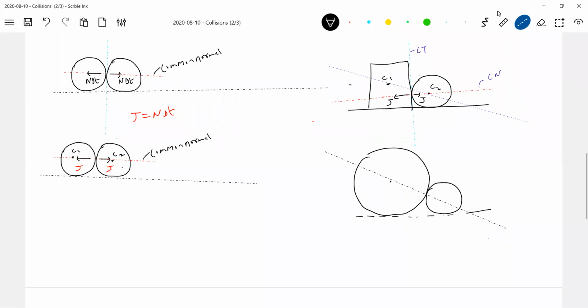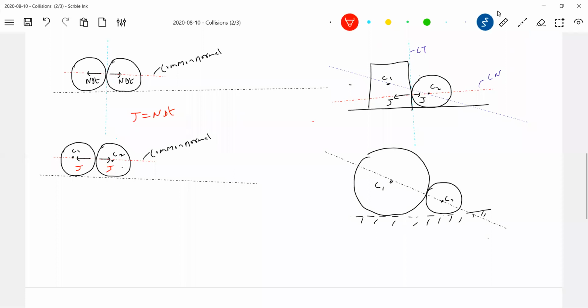And what's happening to that common normal? It is passing through the centers. So when spherical objects come, we have to be a little careful. When a spherical object and some square, rectangle or any other prism object come, we have to be a little alert. So here the line joining the centers and the common normal are both the same.